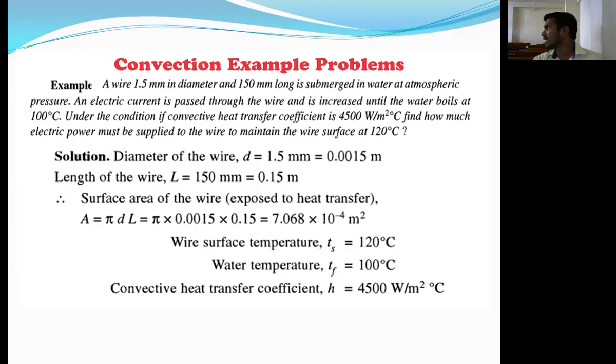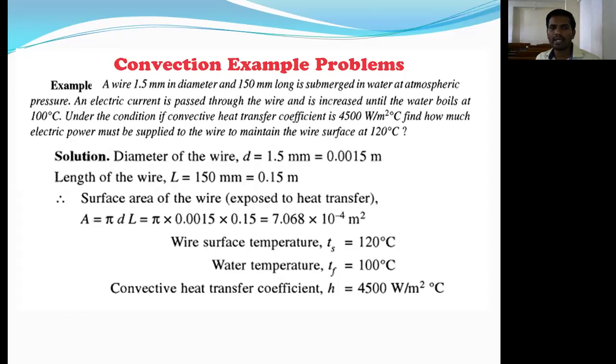We have to convert that mm into meter, so 1.5 into 10 raised to minus 3 meter. Then, 150 mm long is submerged in water, means length of the wire is given. L is equal to 150 mm. We have to convert that into meter, so that is 0.15 meter.